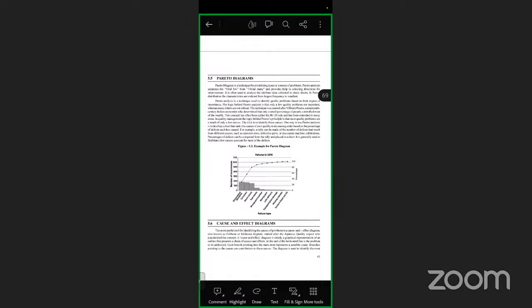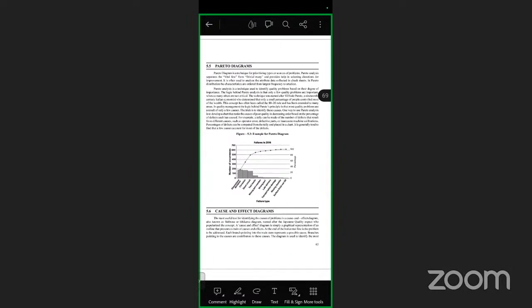This concept has often been called the 80-20 rule, and has been extended to many areas. The logic behind Pareto's principle is that most quality problems are a result of a few causes. The trick is to identify the causes.